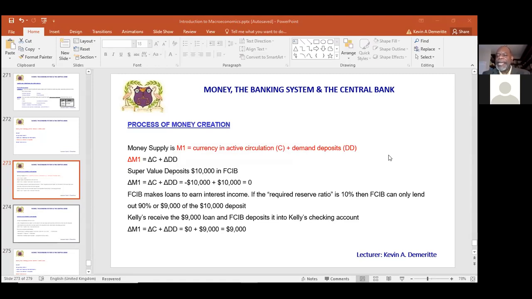If the required reserve ratio is 10%, the required reserve ratio is the amount of money that banks are required to hold with the central bank, or to hold on to, just in case people come back to withdraw money off their accounts. So banks are required to hold on to 10% of every dollar that comes in, or 10 cents out of every dollar.